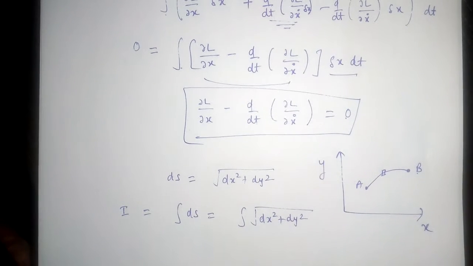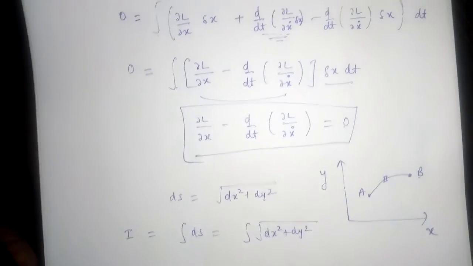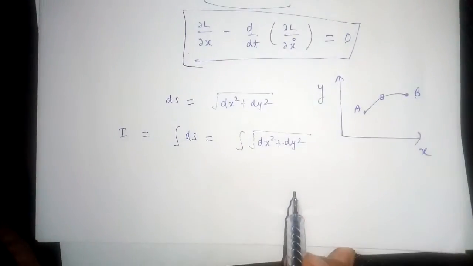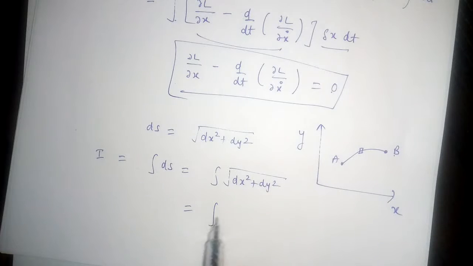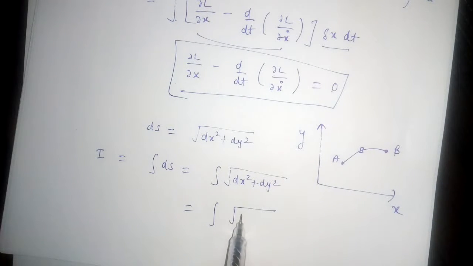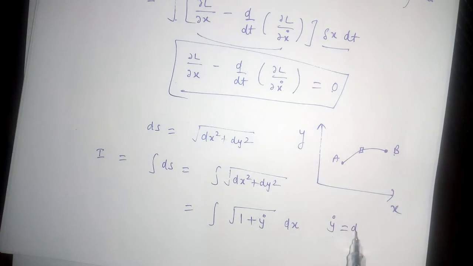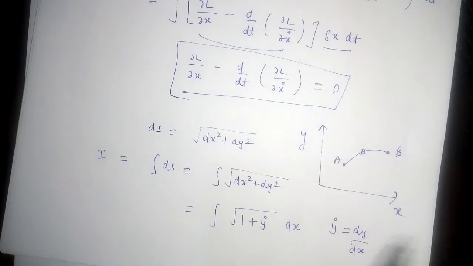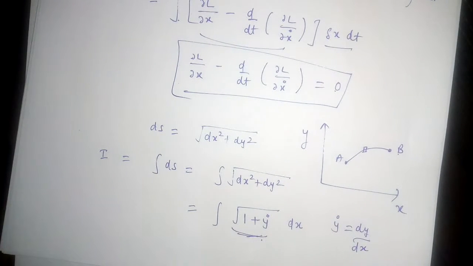Let's say dx is common in this, then it will be square root of 1 plus y dot square dx. Here y dot is dy by dx. Okay, our function will be this.